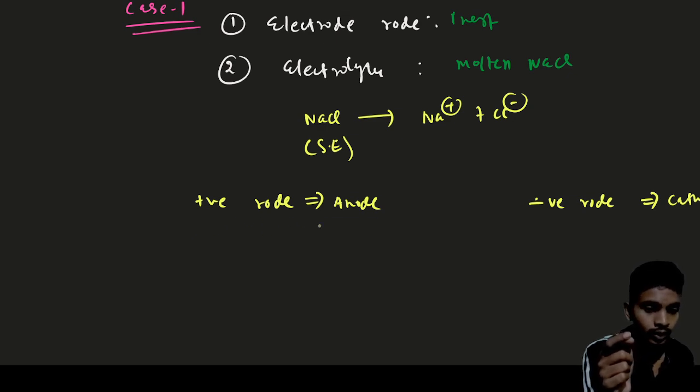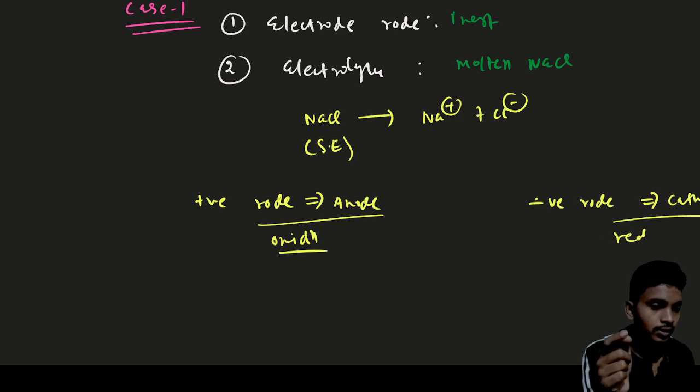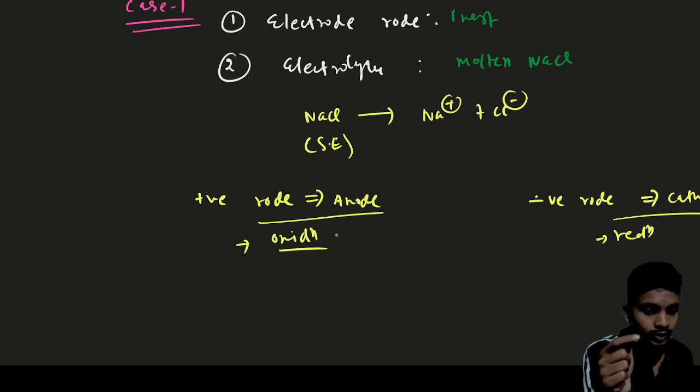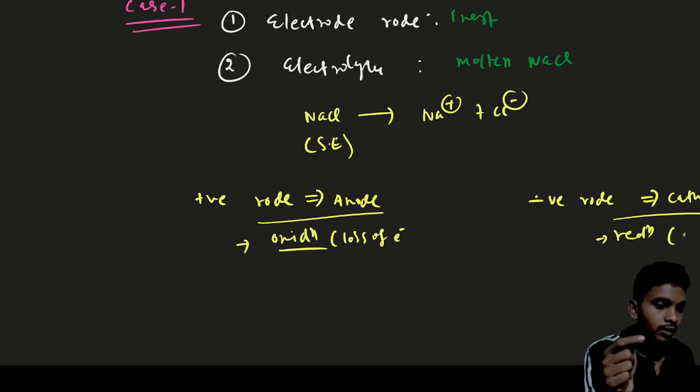So positive rod is anode means oxidation, and cathode means reduction. Oxidation means loss of electrons, reduction means gain of electrons.